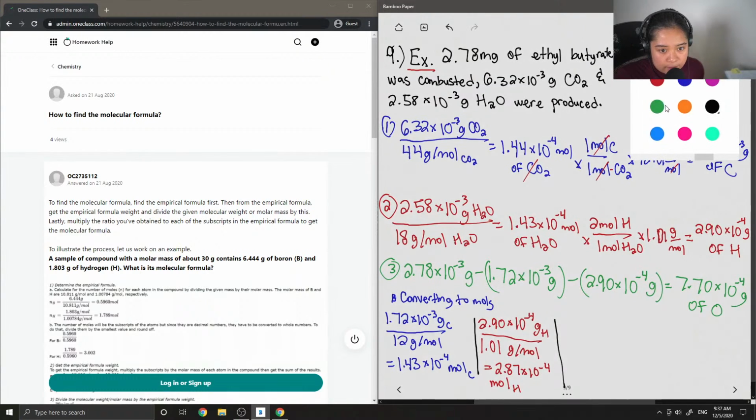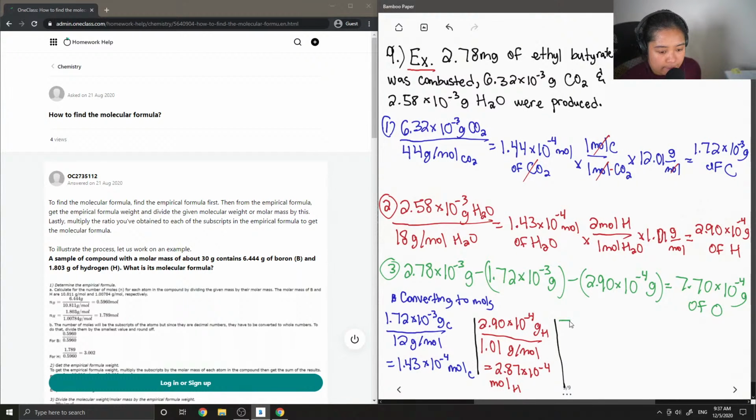And then lastly, for oxygen, it is 7.70 times 10 to the negative 4 grams, divided by oxygen's molar mass, which is 16 grams per mole, to give us 4.81 times 10 to the negative 5 moles of oxygen.